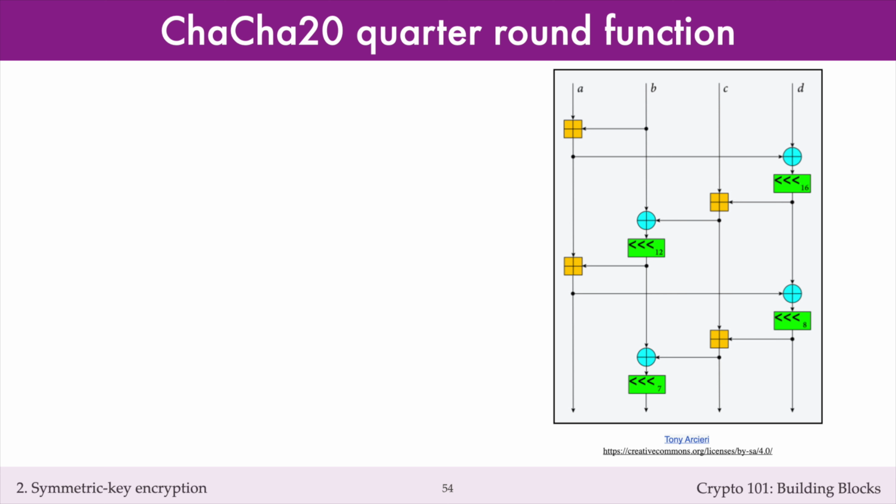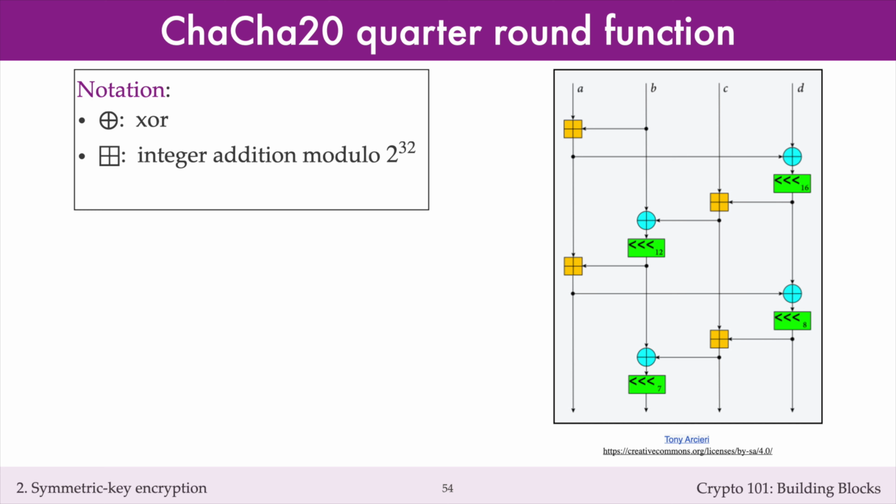The purpose of the quarter-round function is to mix up the bits of A, B, C, and D in a complicated nonlinear fashion. This is done with 3 arithmetic operations defined on 32-bit words, namely XOR, this box sum operation, which is integer addition modulo 2 to the 32, and left rotation by t-bit positions. The result of each of these 3 operations is a 32-bit word.